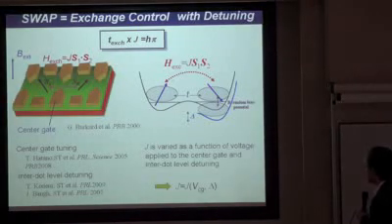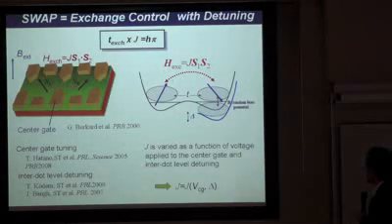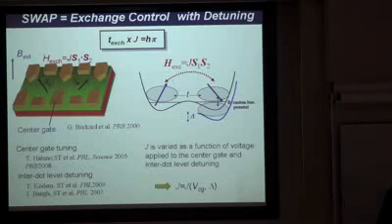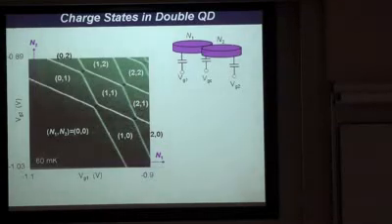One way is to tune the interdot tunnel coupling T to tune the exchange coupling. The other way is to tune the interdot level offset if we make the two dots asymmetric. Depending on this degree of asymmetry, the exchange coupling can be varied.